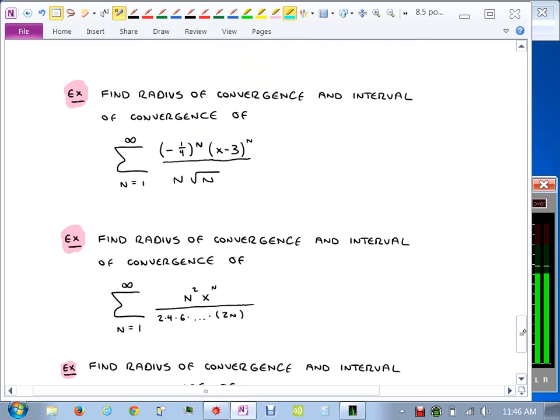So here are the examples I have for the rest of this class. Okay. Find the radius of convergence and interval of convergence of that.